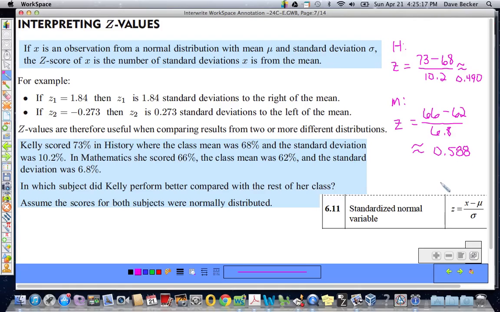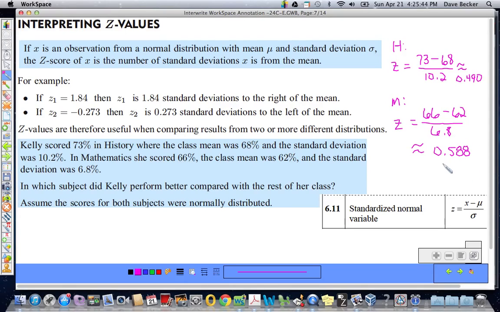Okay, so in which class did she do better compared to her peers? This is 0.588 standard deviations above the mean, and her result in history was 0.490 standard deviations above the mean. So her result in mathematics was better because she was further away.